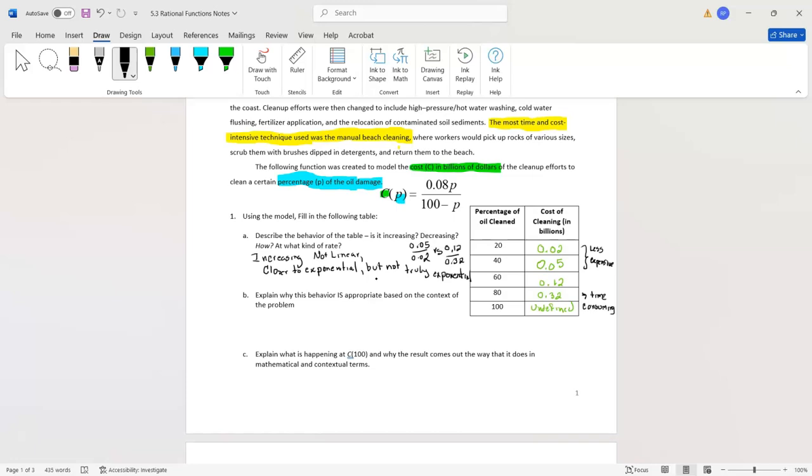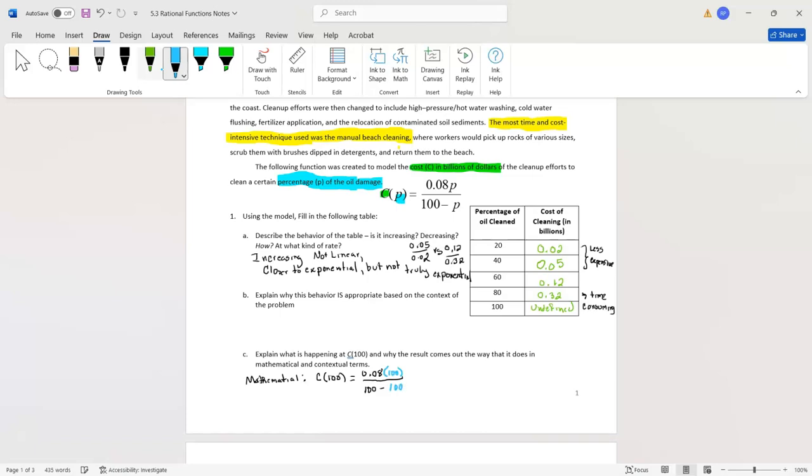Looking at the mathematical terms, when we calculate C of 100, we get 0.08 times 100 over 100 minus 100.